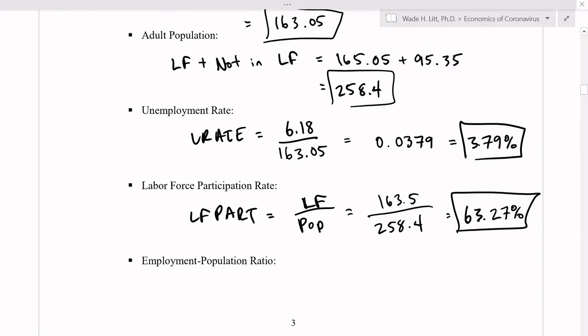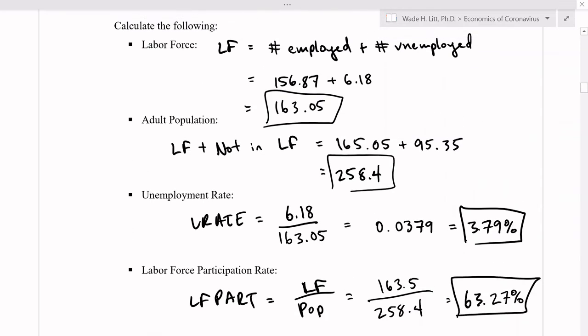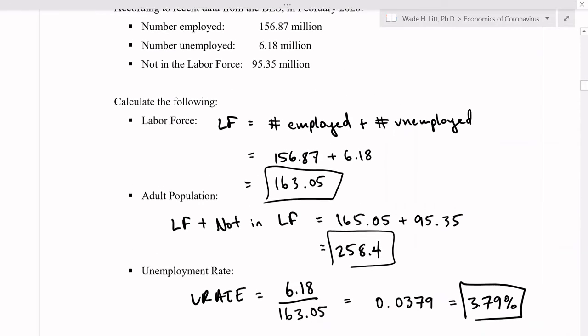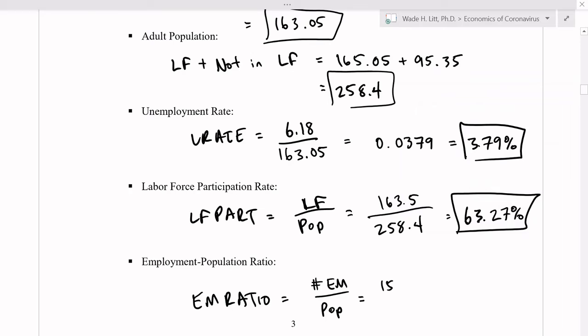Okay, and then the last one, the employment population ratio. This is equal to the number employed over the population. That comes out to 156.87 over 258.4 for 60.71%.